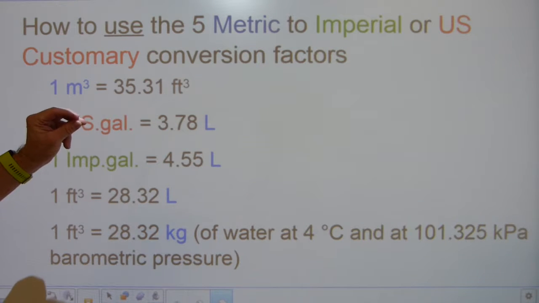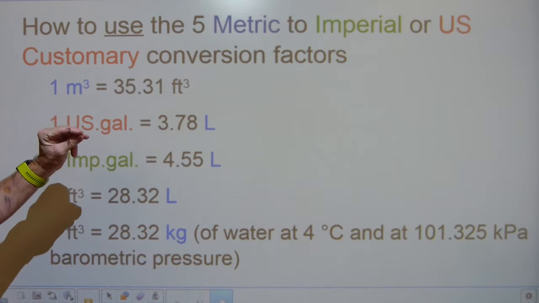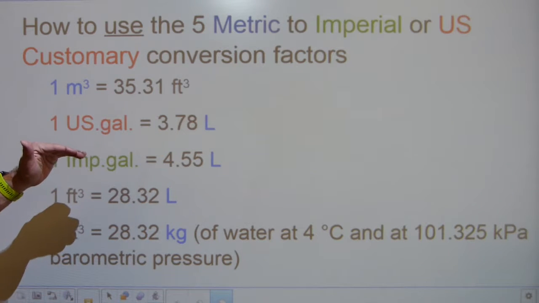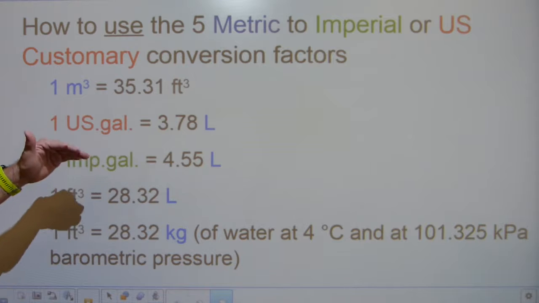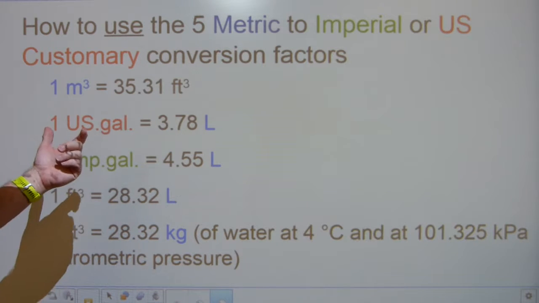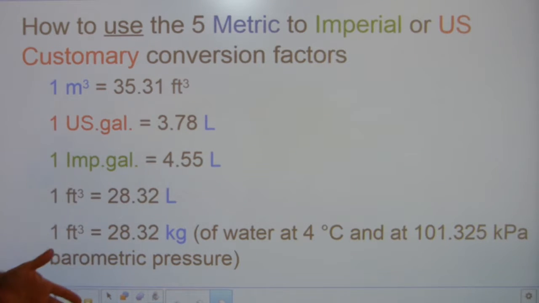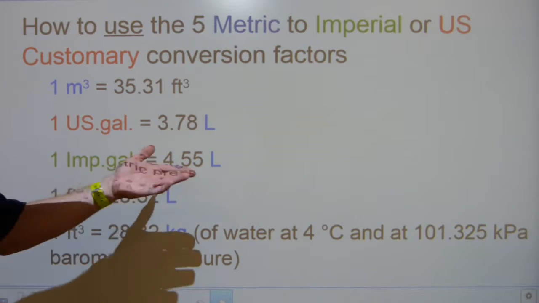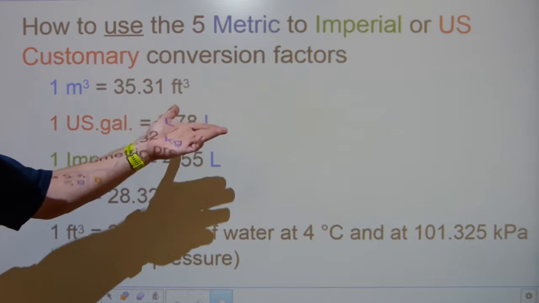So, the second issue is relating to commodities. Throughout the conversions, the numbers change. 1 becomes 3.78 or 1 becomes 4.55 or whatever, and the units of measure change. Imperial gallons become liters or US gallons become liters.